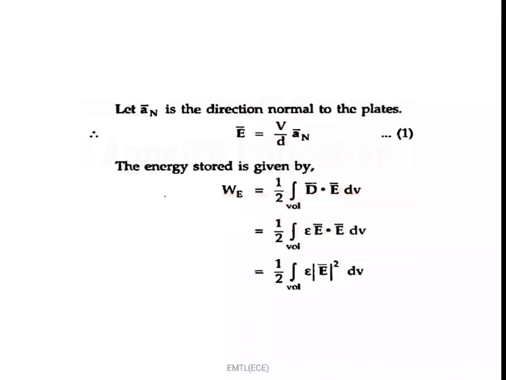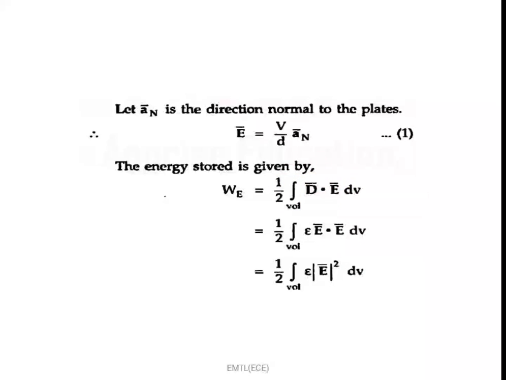This expression we have to take from the concept of potential difference, where we derive and discuss it. So that expression is used again here: WE is equal to 1 by 2 integral D bar dot E bar dV.